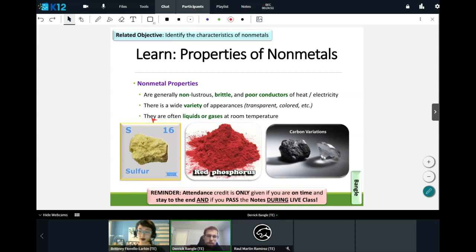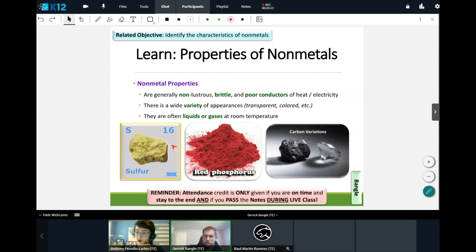And then the last bullet point being that they are often liquids or gases at room temperature. This we will be able to see with the next example, but think of sulfur. I don't know if everyone's visited the La Brea tar pits or held a sample of sulfur in a vial.